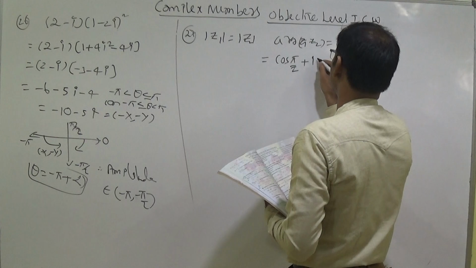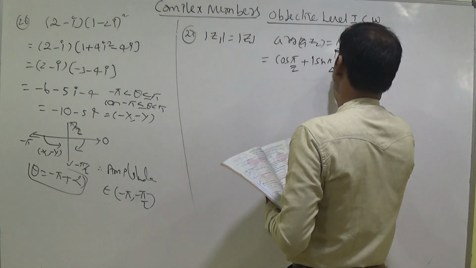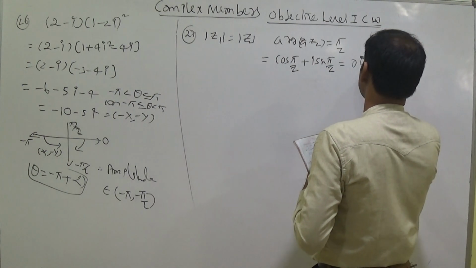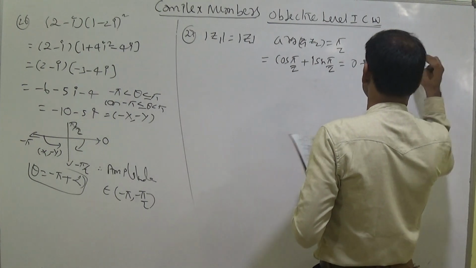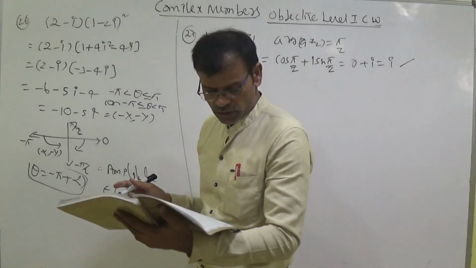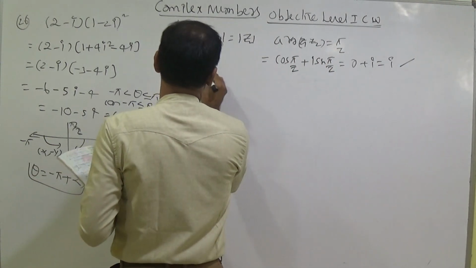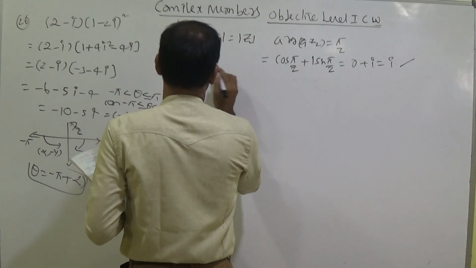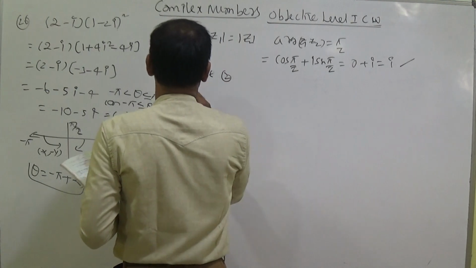Whenever it is pi by 2, the form is cos pi by 2 plus i sin pi by 2, so it is 0 plus i, only i. Z1 Z2 is only i, which means purely imaginary. So it is option 2, purely imaginary.